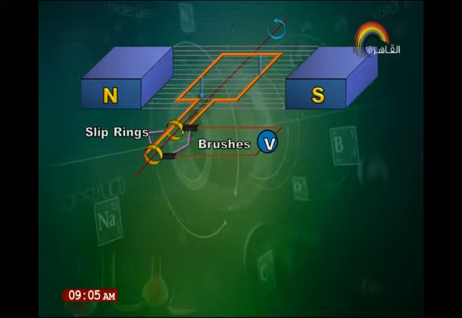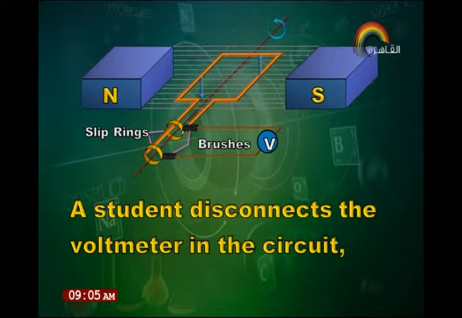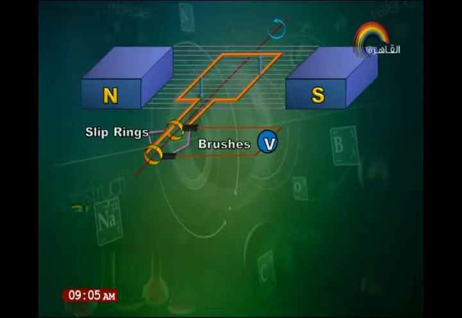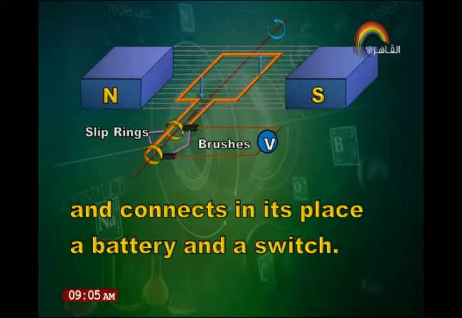Another type of question. In front of you, we've got a diagram. A student disconnects and removes the voltmeter in the circuit, and connects in its place a battery and a switch. So the voltmeter is replaced by a battery and a switch.